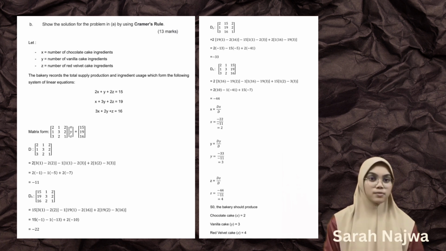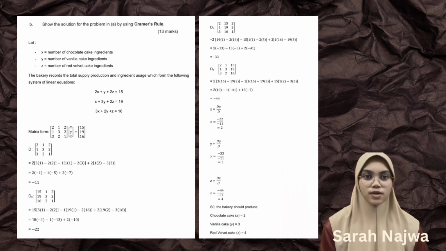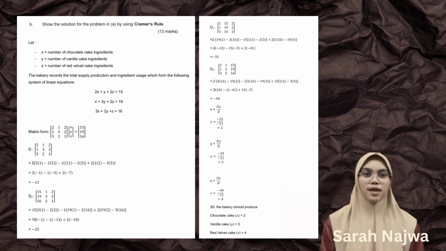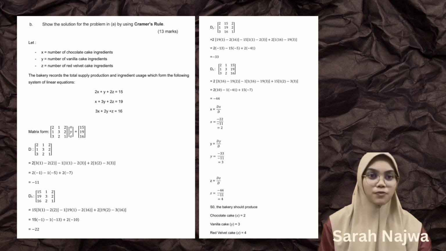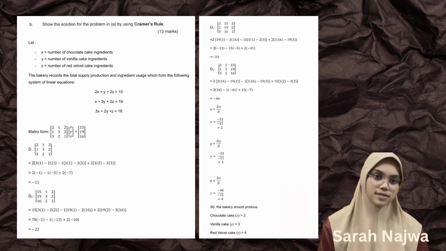To apply Cramer's rule, first we need to find the determinant of the coefficient matrix, which is D. We substitute the values to find the determinant, and we get negative 11. Then we find the determinant of x, which is dx.